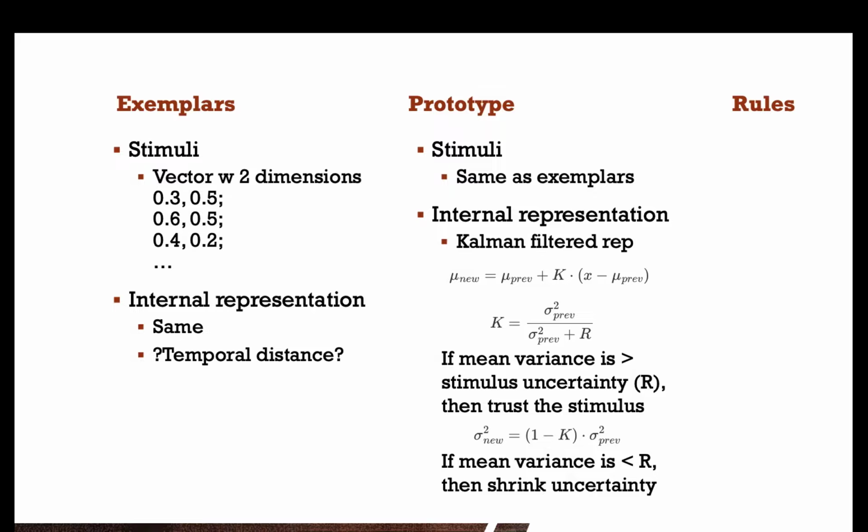Yes? Just say that again about what you would set. Oh, yeah, sorry. So basically what we have now is two parameters in the Kalman filter. One is R, and the other is Q. As we simulate data, we first simulate the stimuli, right?